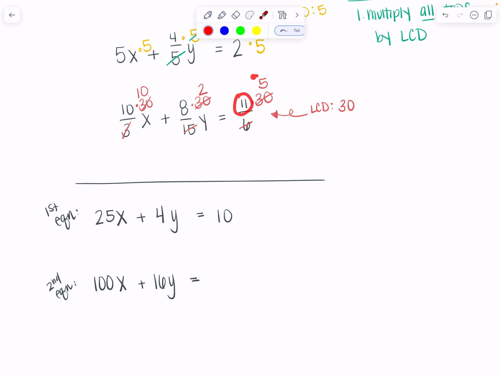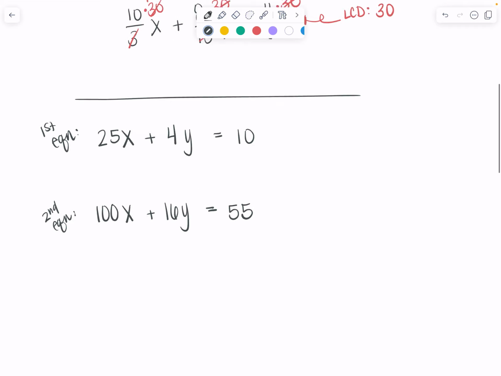And then 11 times 5 gives me 55. Now that I have found the LCD and gotten rid of all of those fractions, it turns into a normal solve by addition method.